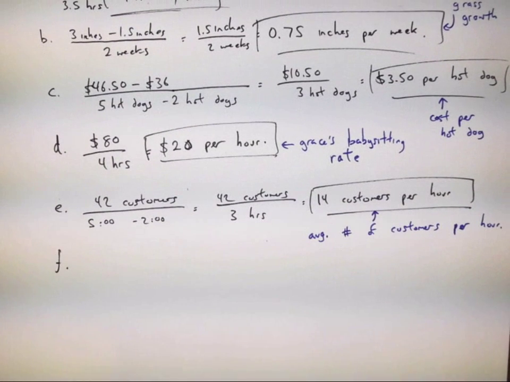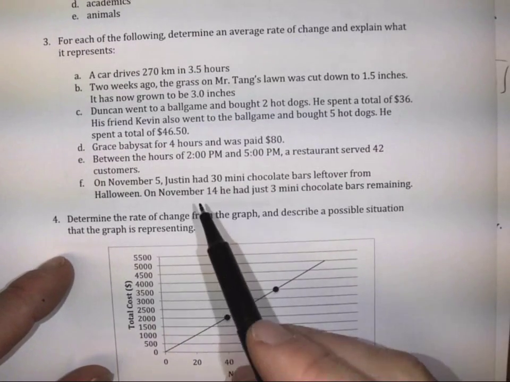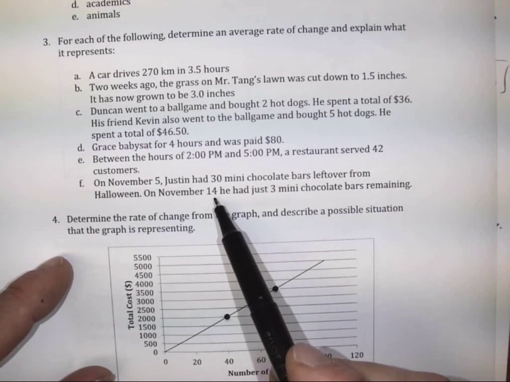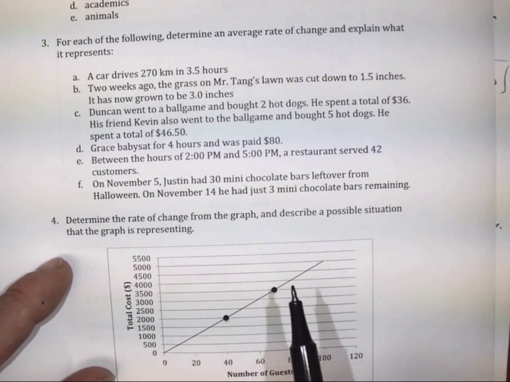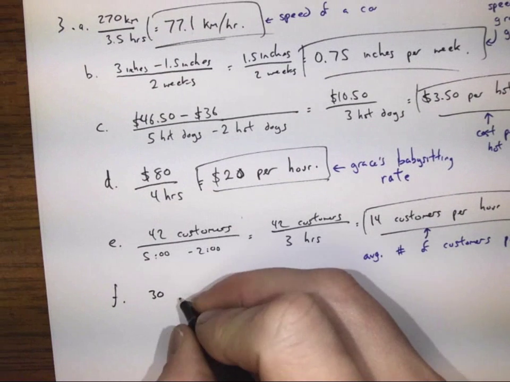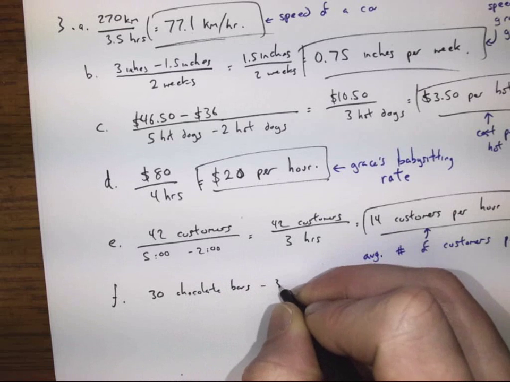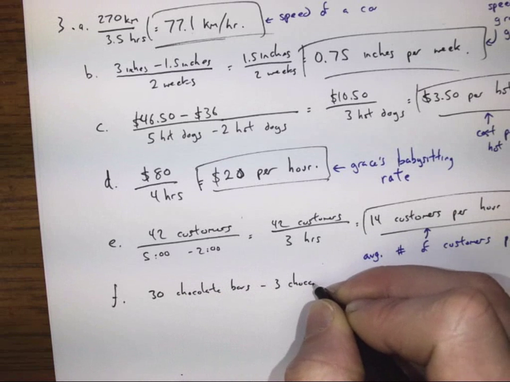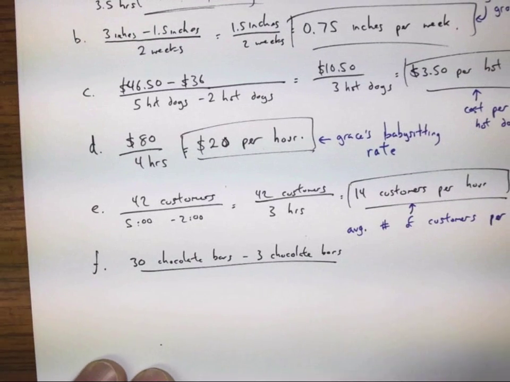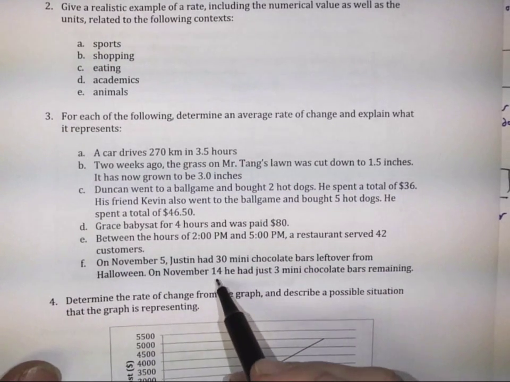All right. Lastly, we got Justin had 30 mini chocolate bars left over on Halloween, but on November 14th, he only had 3 mini chocolate bars remaining. All right, so we start with 30 chocolate bars, and we take away 3 chocolate bars, which is leftovers. We'll divide that by, I guess, what do we have here? The 14th and the 3rd.